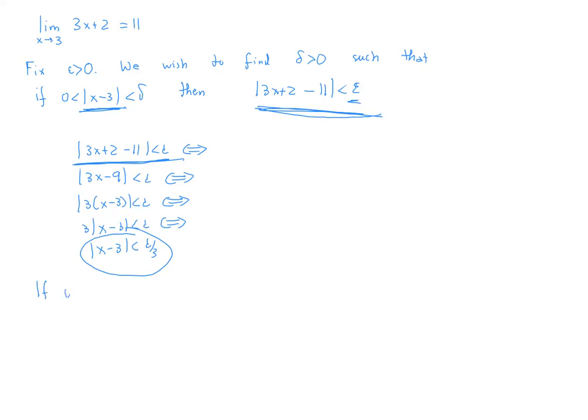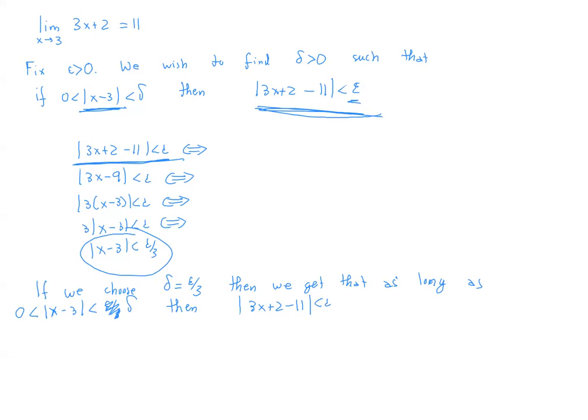So if we choose delta to be equal to epsilon over 3, then we get that as long as absolute value of x minus 3 is less than epsilon over 3 and greater than 0, here we could just say less than delta because that's what it is, then absolute value of 3x plus 2 minus 11 is less than epsilon, which was to be proven, was to be established.